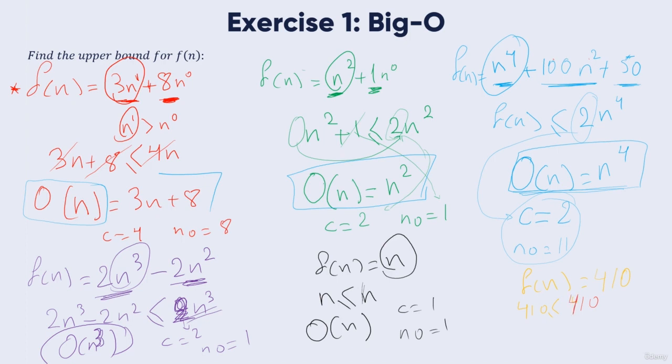Now, for all n greater than 1, this means 410 is equal to O of 1. This is the notation of O of 1, with c equal to 1 and n0 equal to 1.